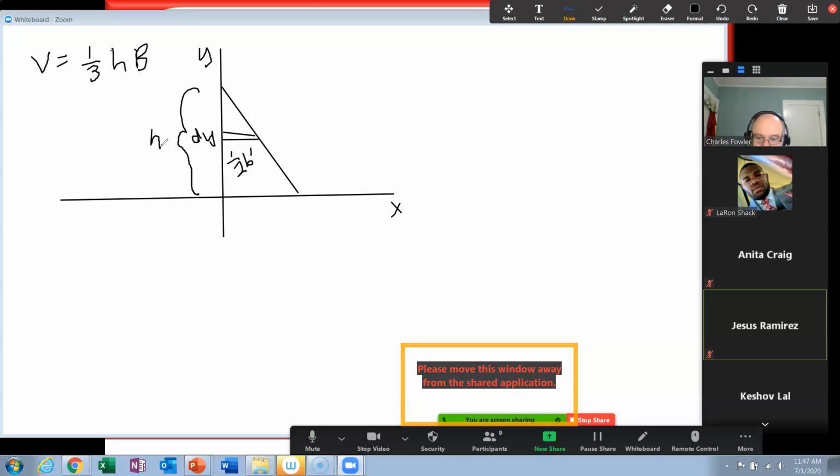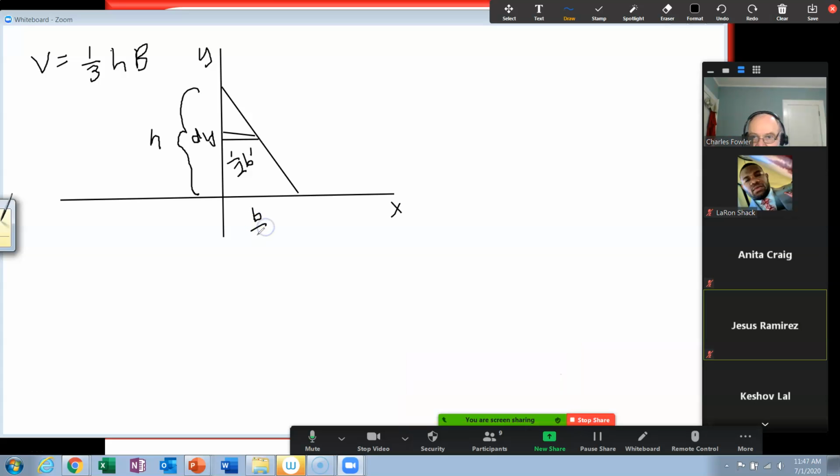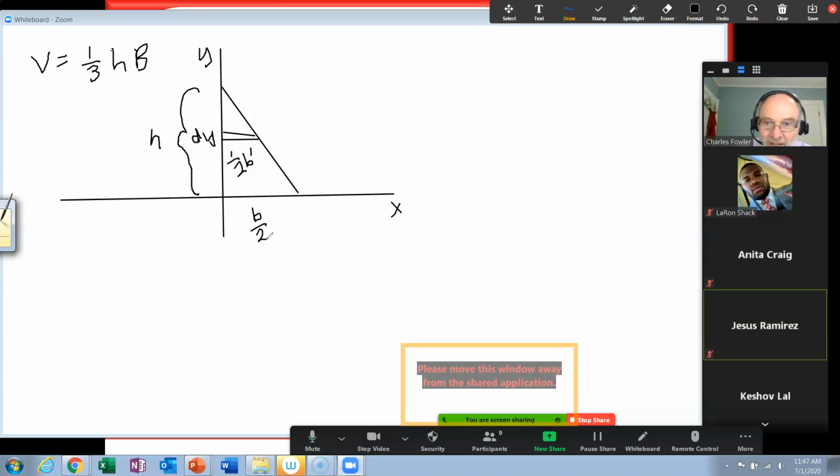Now, the dimension down here is your base, and that's b over 2, 1/2 b, the way the book writes it. Now the other dimension, now I put my h probably on the wrong side, that we need is this one here. This is your variable y, not the y-axis, variable y. So this would be h minus y.